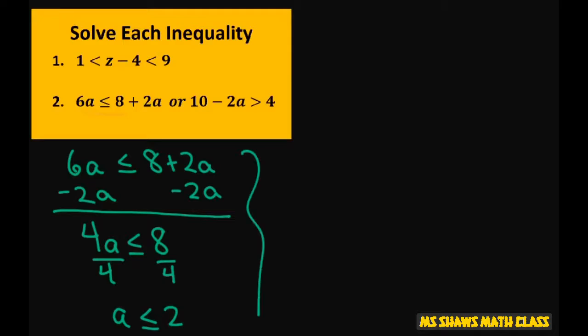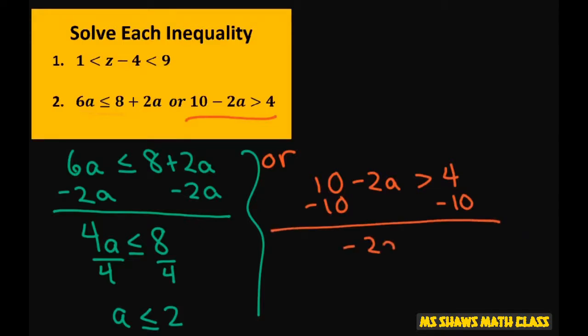And for the second one, that's the OR. So now we have 10 minus 2a is greater than 4. So for this one, I'm going to subtract 10 from both sides. Negative 2a is greater than negative 6.